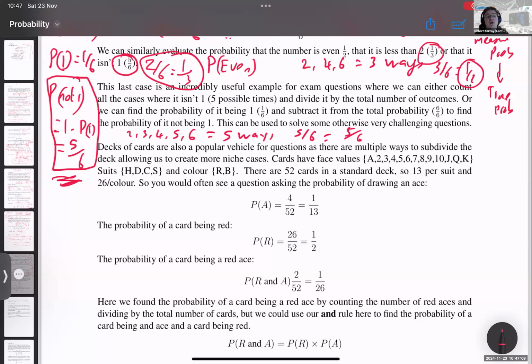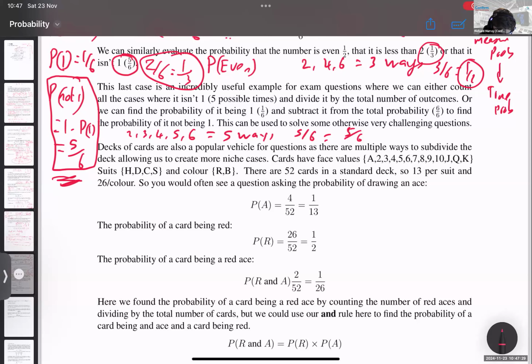That's just because it's really useful to be able to subdivide something in multiple ways, which is why they like it for questions. I'm sure a lot of you are already familiar with a deck of cards so I don't need to go over it, but if you aren't, I'm just going to reiterate it because in the exam, they will assume you know how it's set out.